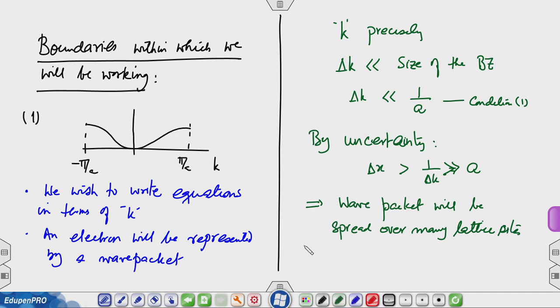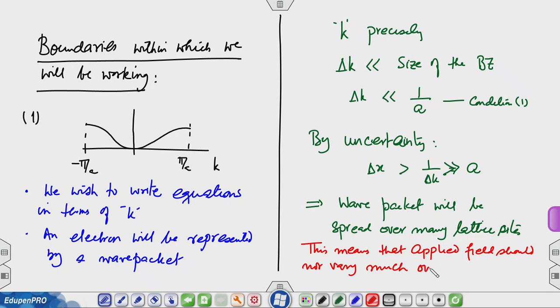This means that the applied field should not vary much over a few lattice sites. That is the limitation.